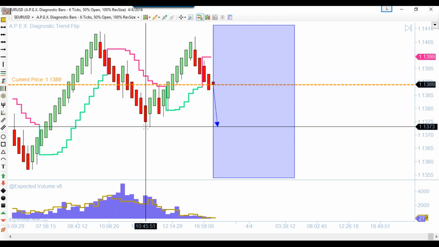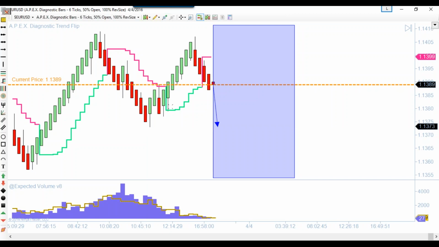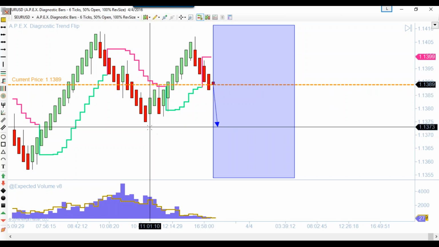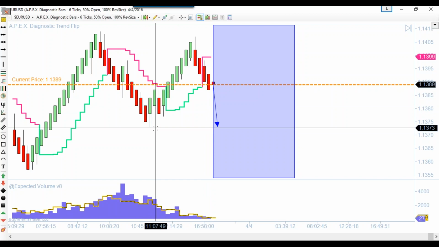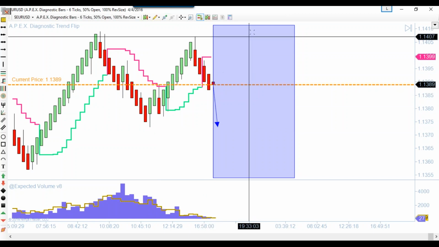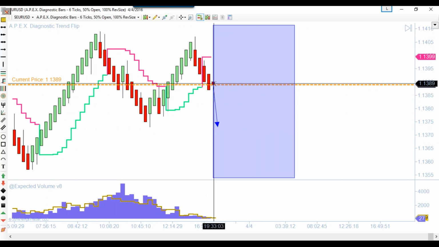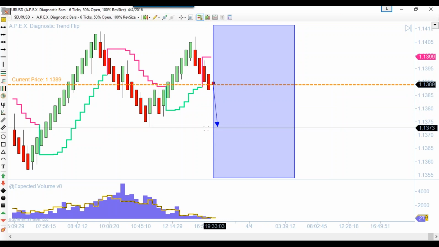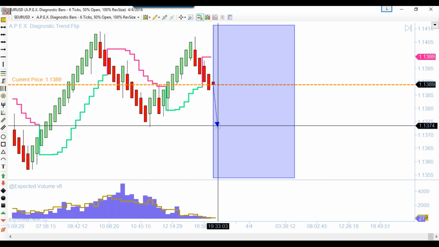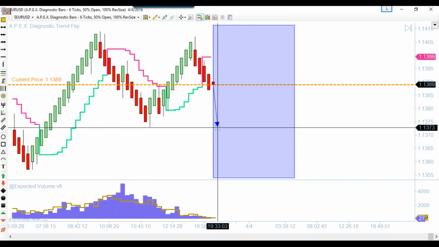Where is that at? See the price? $13.73. Where's the market at right now? $13.89. What's that difference if it were to come all the way back down to that low of earlier? About 16 pips. Okay, so if I think the market's going up, but I'm wrong and it shoots all the way down to the low it was earlier today, how much did I lose on a spread?